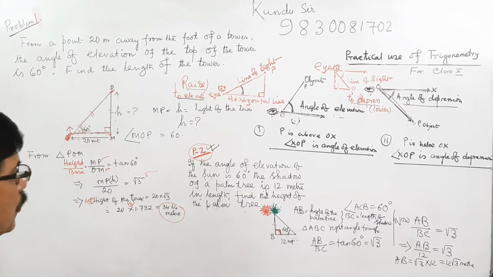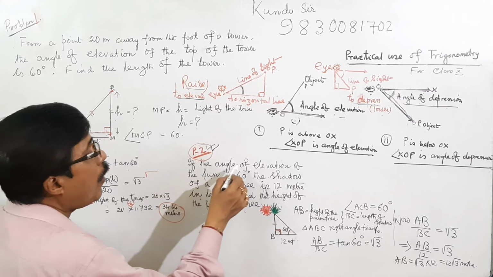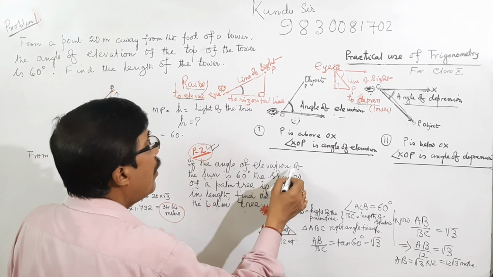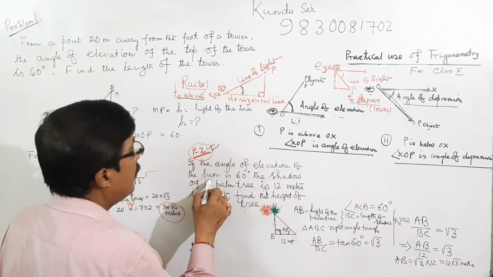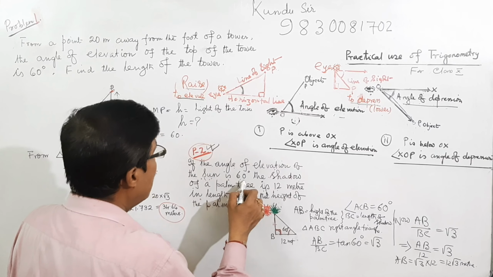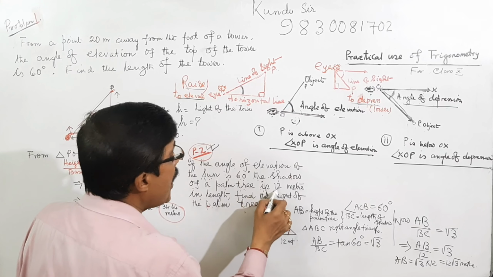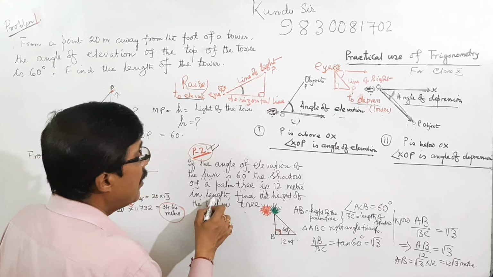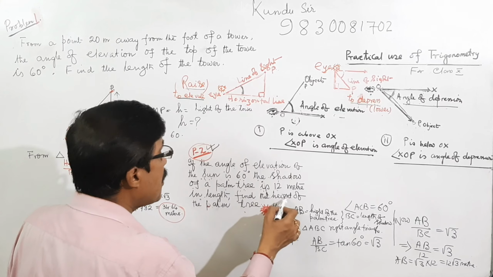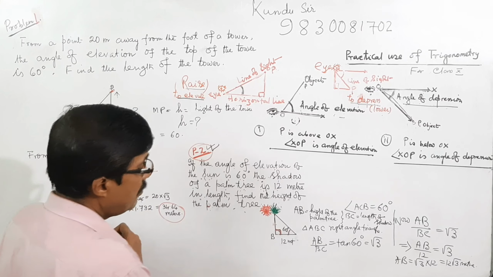Problem number 2: if the angle of elevation of the sun is 60 degree, the shadow of a plane tree is 12 meter in length, find the height of the plane tree.